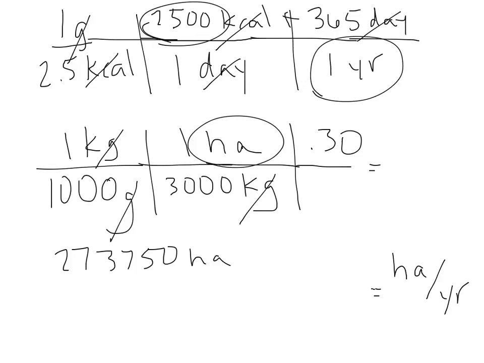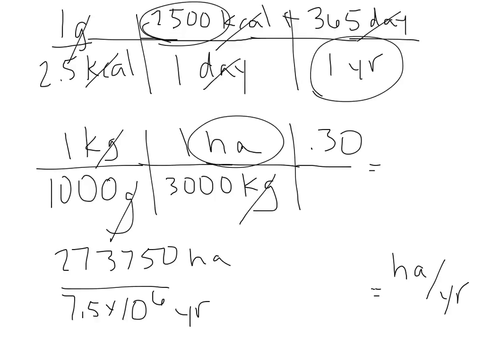Then I'm going to multiply all the way across the bottom, so that one's 2.5 times 1,000 times 3,000. Too many zeros. And that gives me 7.5 times 10 to the 6. Double check your math and make sure you got the same thing, years on the bottom, because we canceled everything else out except for years.